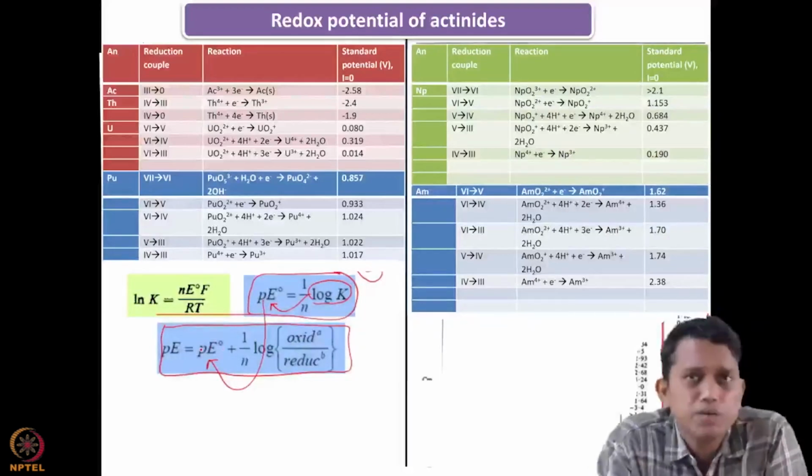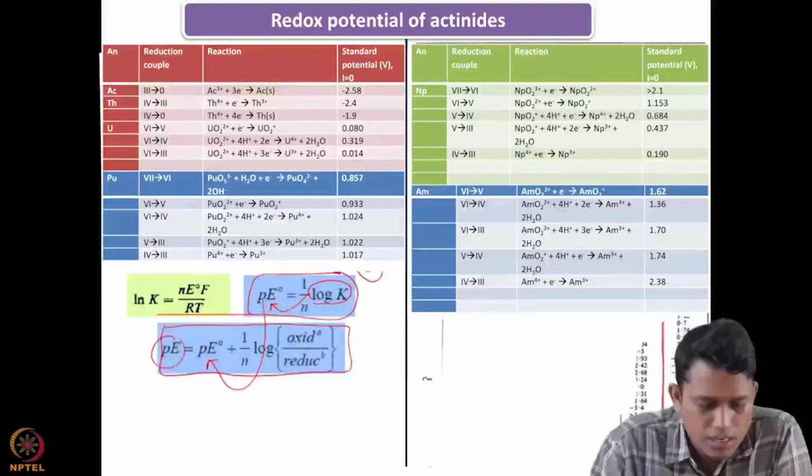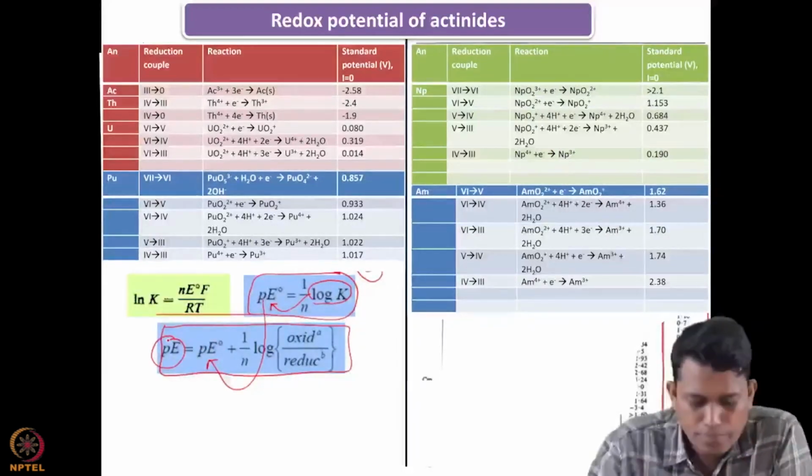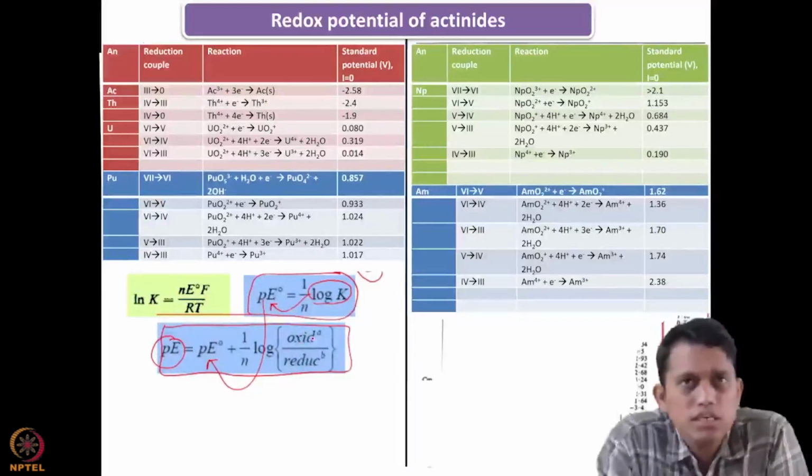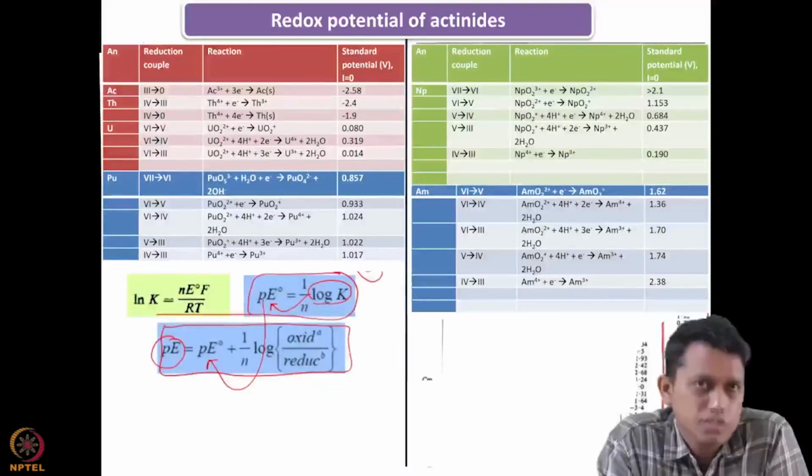Then from this pE naught, you can derive an equation between pE and pH, depending on the reactions. Suppose your reaction does not have any hydrogen in it, then obviously the pH term will not come into the picture. Similarly, if your equation does not have any electron term in it, then the pE term will not come into the picture.